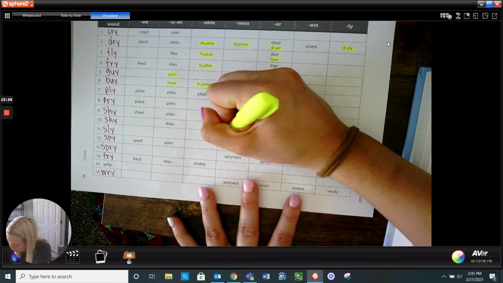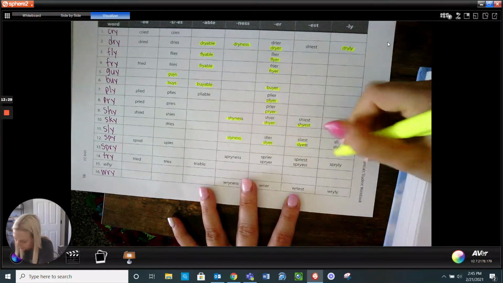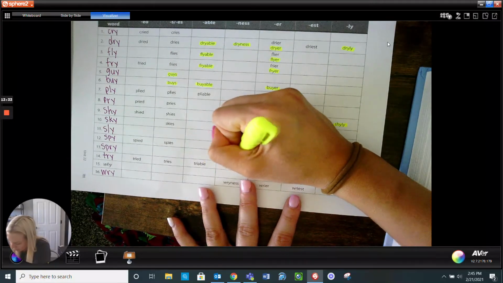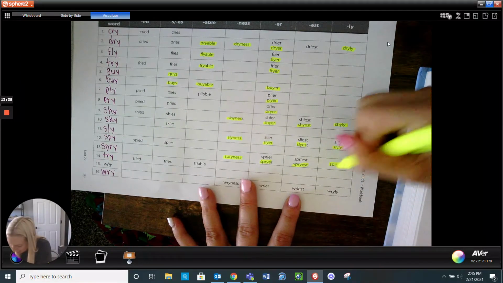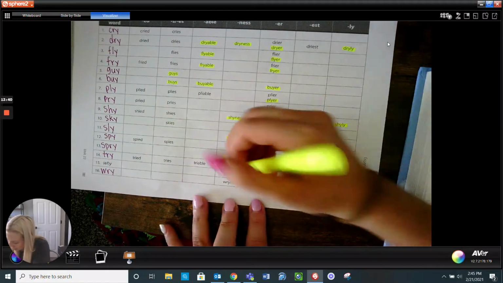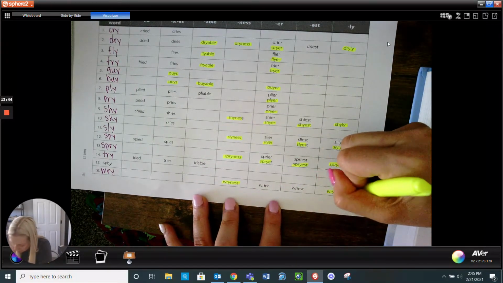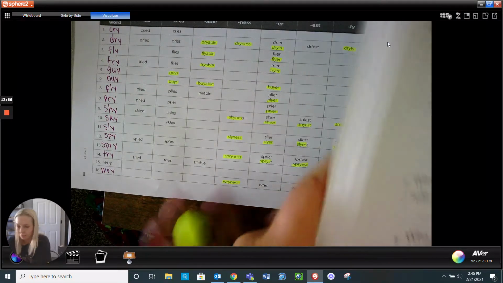And slyness, slyer, slyest, and slyly. Spryness, spryer, spryest, and spryly. And wryness and wryly. I think those are all. Yep, okay. Now we can go back into our book and answer those questions.